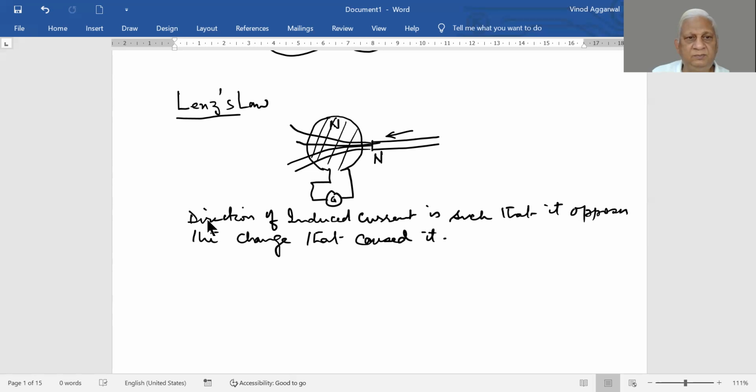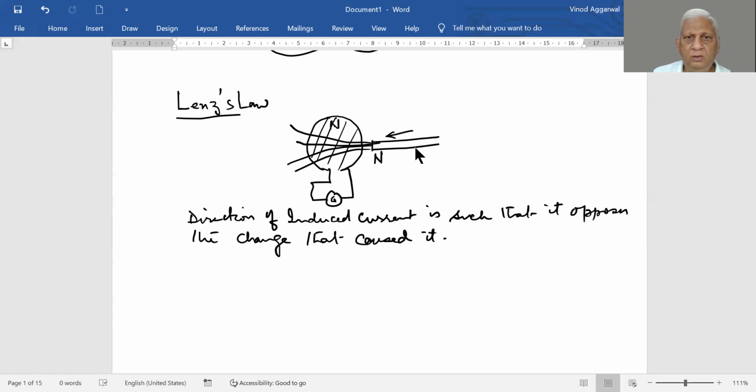What it says is that Lenz basically says, don't disturb me. If you disturb me, I will behave in a way that this disturbance is minimized. I will act opposite to what external forces do. This is what Lenz says.